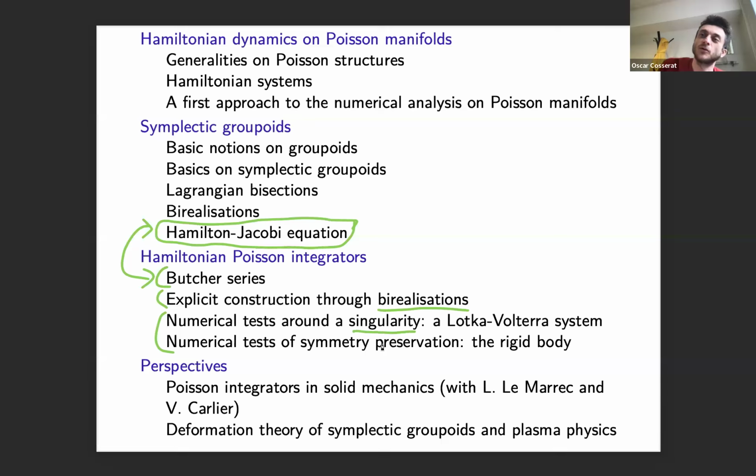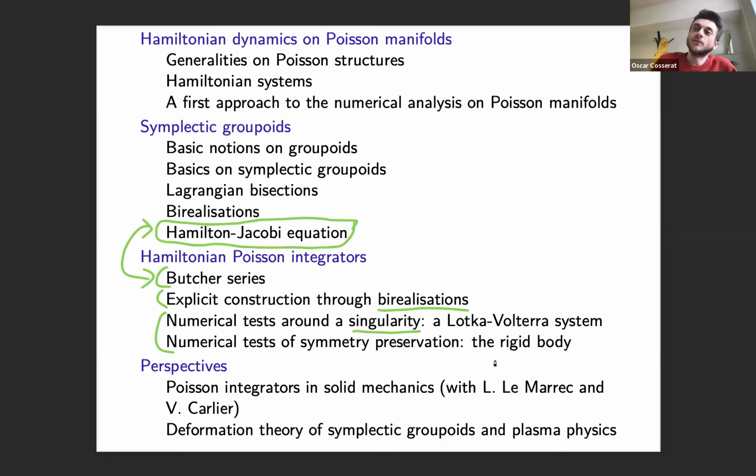More precisely, we will compare the numerical simulations obtained through this Hamilton-Jacobi equation by a singularity, so a solution that explodes, and we will observe what's going on and compare different numerics.